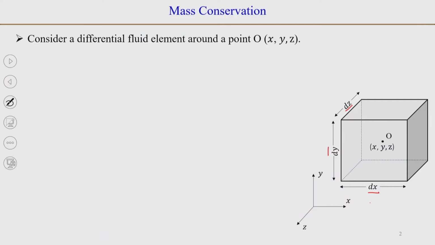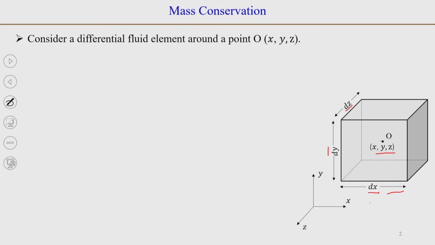We have the differential control volume. The point at its center is O, which has coordinates x, y and z. So, the point O is at a distance dx by 2 from the face on the left side and dx by 2 from the face on the right side, and so on.